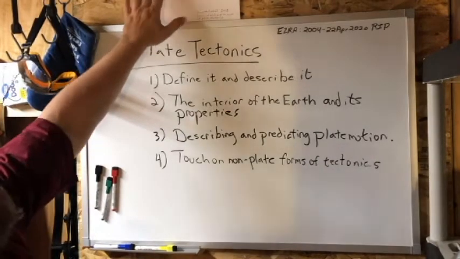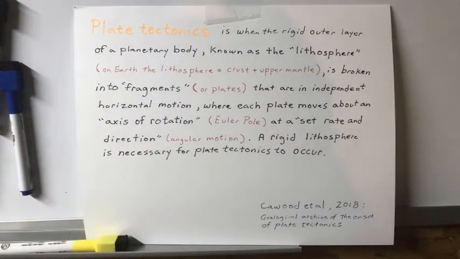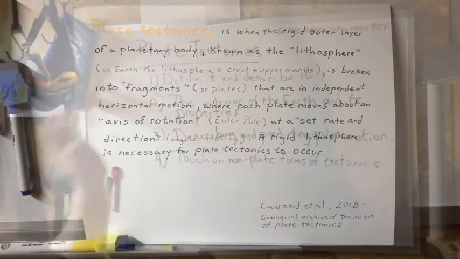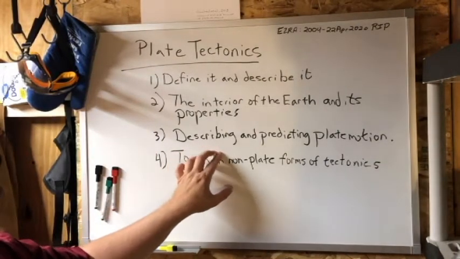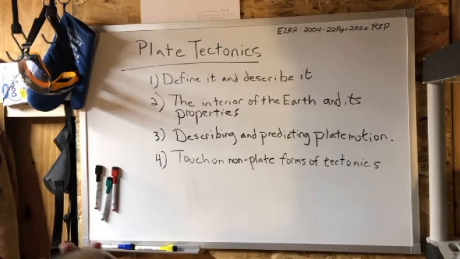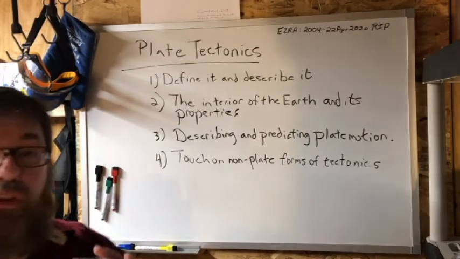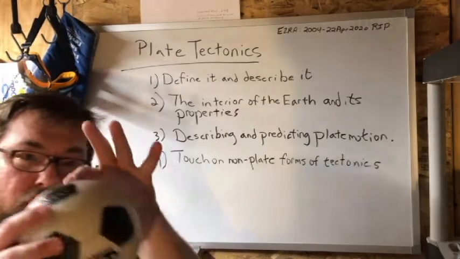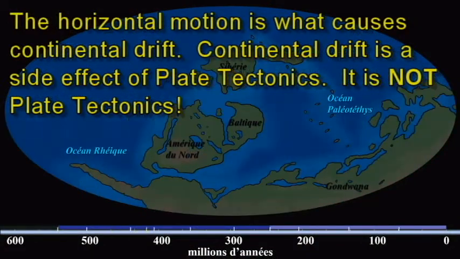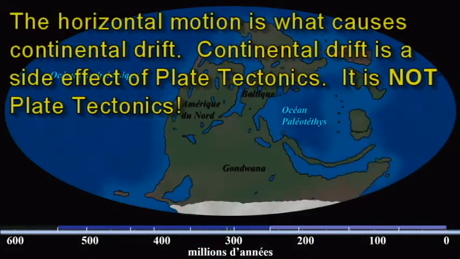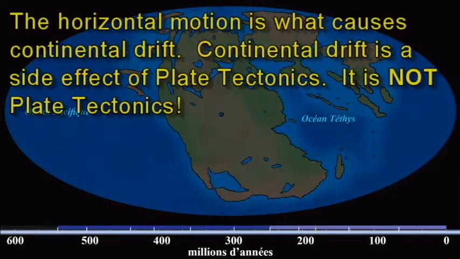And this is key: each plate moves about an axis of rotation, an Euler pole, which we'll talk about when we get down here, and I'll demonstrate that to you better. So the plates not only need to be moving horizontally along the surface, they need to follow Euler poles. We'll get to that when we get to that.